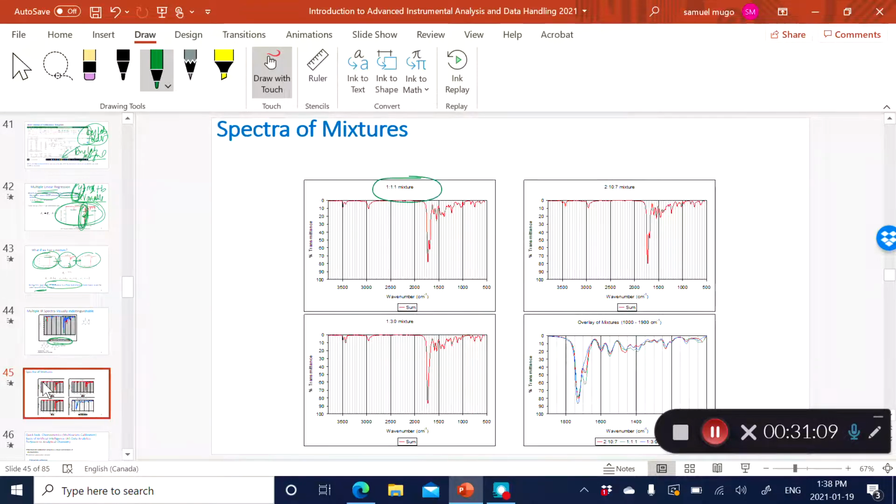Say standard 1, I mix it in proportions of 1 to 1 to 1. Standard 2, I mix it in different proportions, and so on. And then after that, I run on the FTIR, and I would get different types of signals. And then based on these standards that are in a mixture, I can use statistical tools.